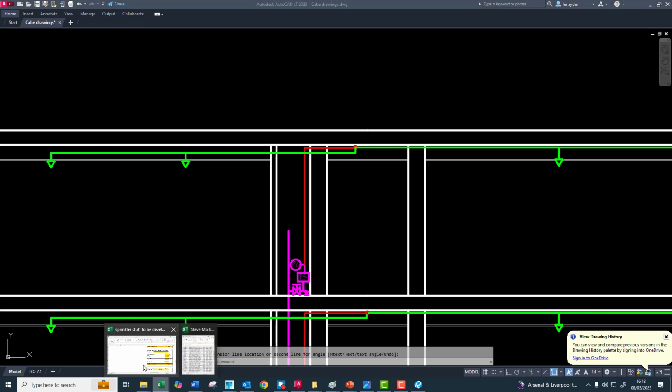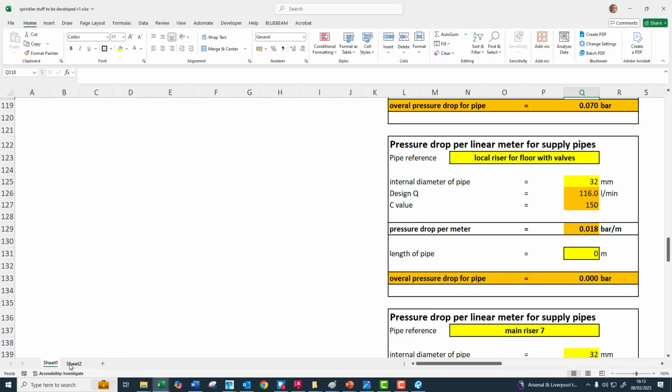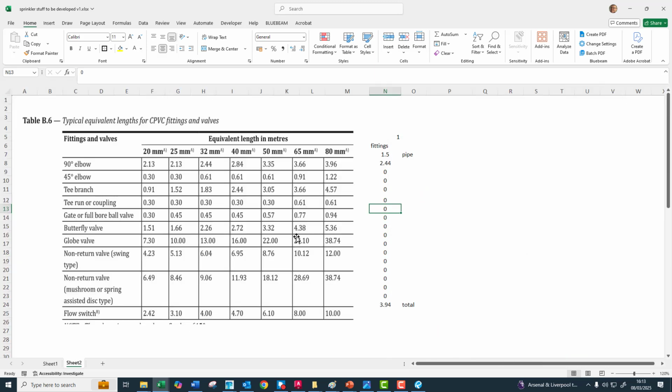So let's see what that gives us. It'll be 3 meters long, roughly.